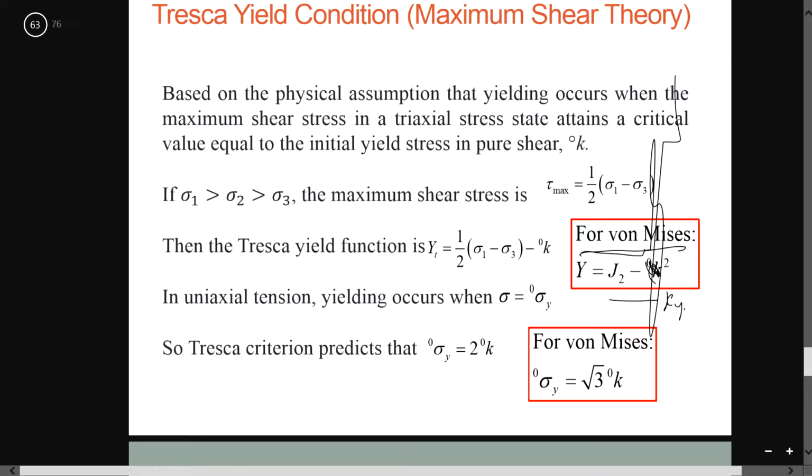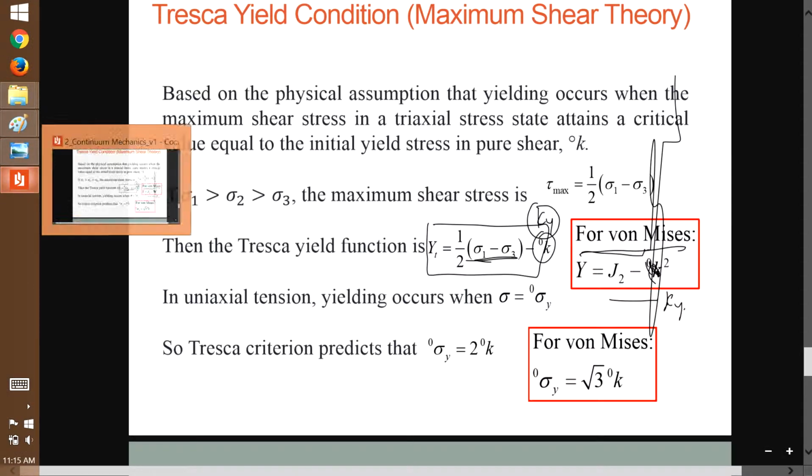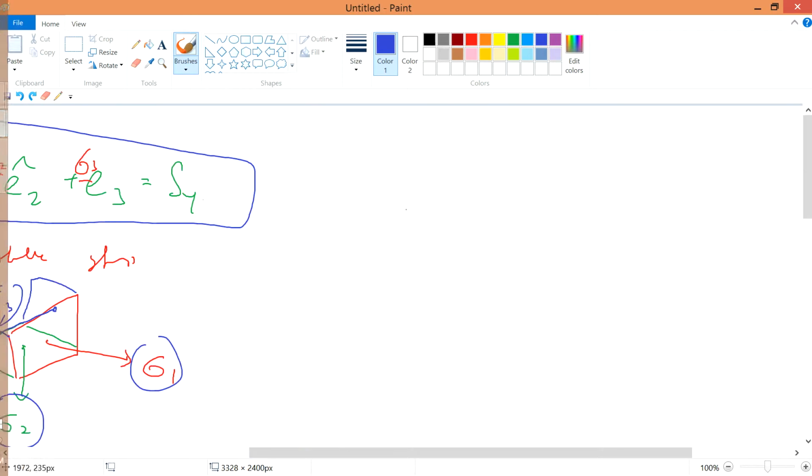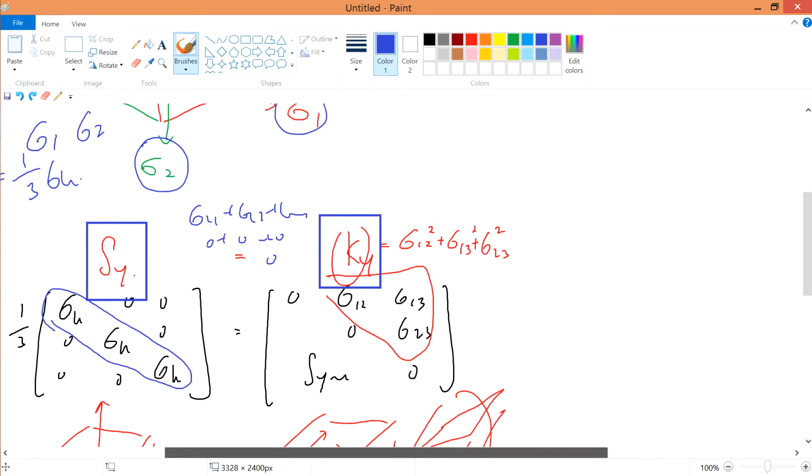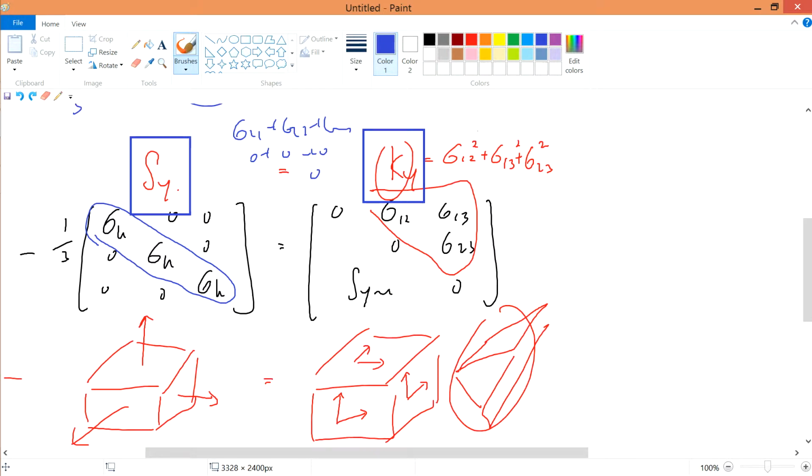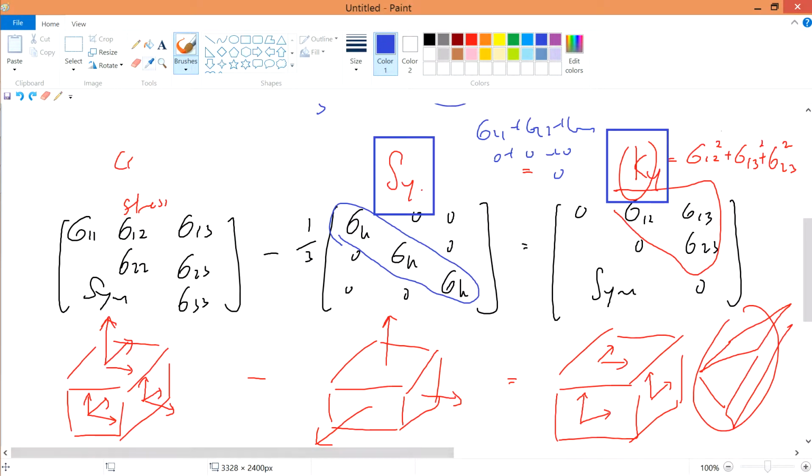In terms of Tresca, the function is in terms of the average shear stress minus the shear stress of your yield stress, or your shear component, or the deviatoric system, if you still remember all the way back. So you have a certain stress state, and then you minus away your hydrostatic stress.